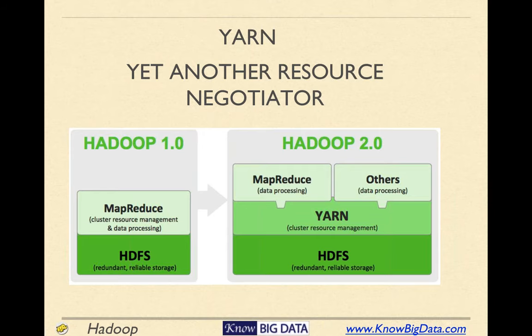You could not do computing of any other form than MapReduce. It's like a database saying, hey, we only allow SQL, we don't allow any other kind of system. Although things like job tracker, task tracker were of very much use for many more systems.